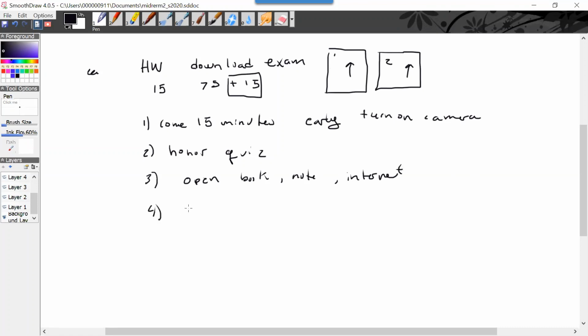But no help from a person, living or dead, no Ouija boards. I don't think AI is good enough to help yet, but you never know.